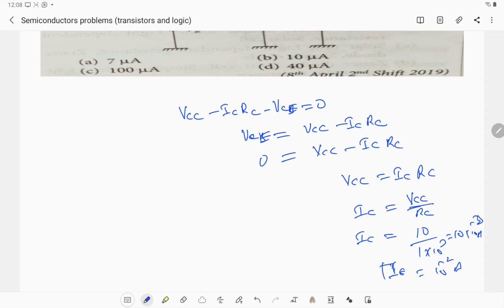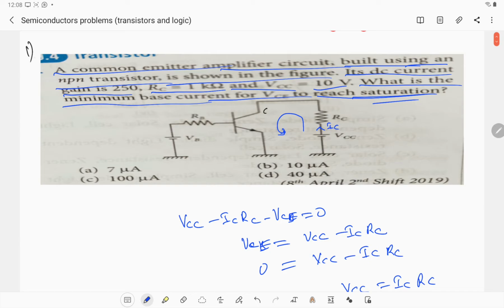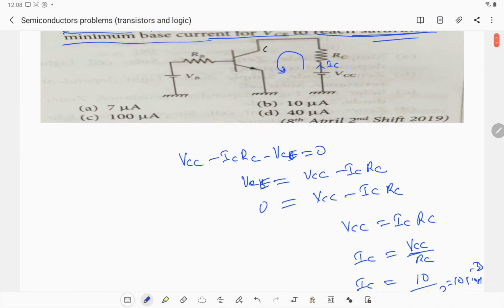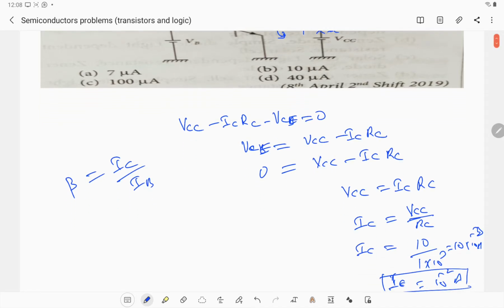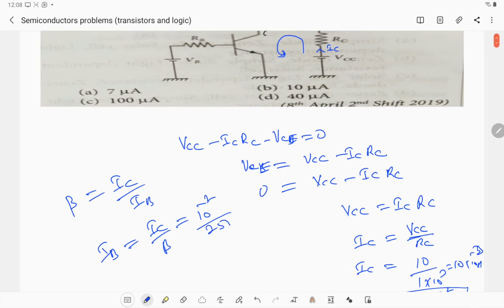This is IC. And here is given the DC current gain, the common emitter current gain. Beta is equal to IC by IB. From this, IB is equal to IC by beta. IC is 10 to the power of minus 2 and beta is given as 250.